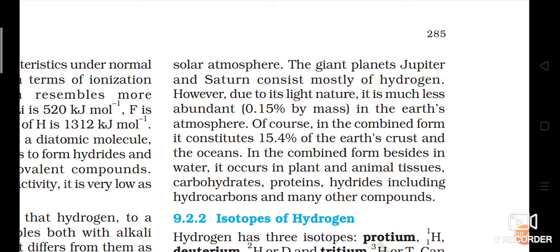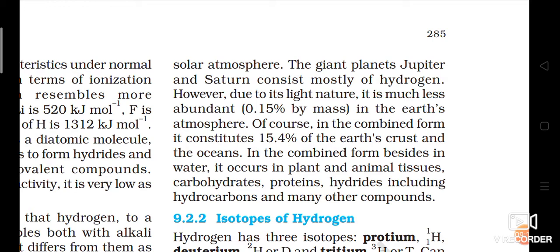Next, here they have written that in our Earth's atmosphere hydrogen is less. It is only 0.15% by mass. But if we combine the earth's crust and ocean, it is 15.4%. See the line: however, due to its light nature, hydrogen is very light, so it is much less abundant in the earth's atmosphere.